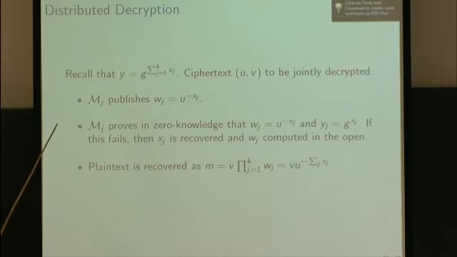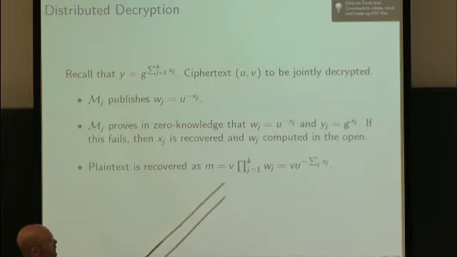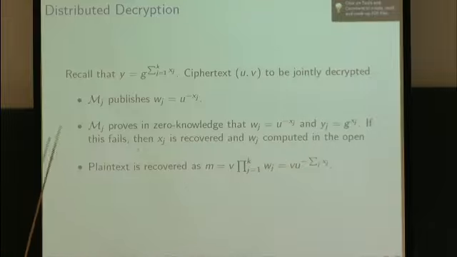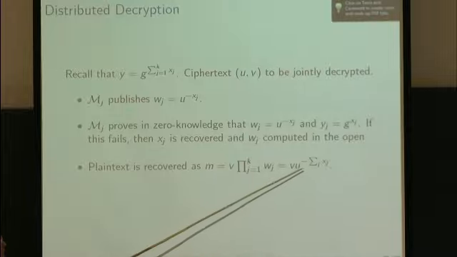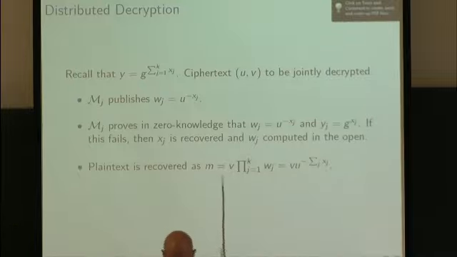And to make sure that decryption is performed correctly, they prove that they did this correctly. So now you see that it's the same xj here, and this xj is determined by the public key. So if you prove this, you know that the decryption was done correctly. And then you simply piece together all of them, and you get this, and you decrypt, right? So that's the first thing we can use this for.